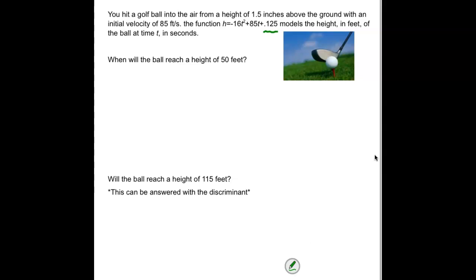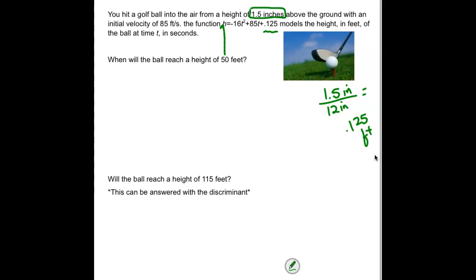But this is in feet, and our starting height here was given in inches. If we take 1.5 inches and divide it by 12 inches, because that's what 1 foot would be, we get 0.125 feet. So what we're seeing in the equation, they've just converted our height into feet.